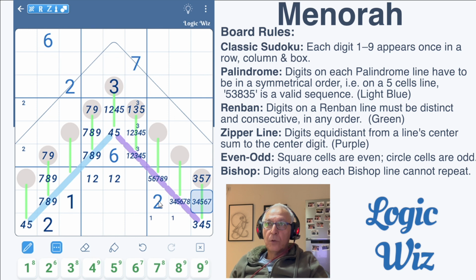Now we cannot go lower than 2, so each sequence here must have a 5. It's 3, 4, 5, 4, 5, 6, or 5, 6, 7. So 5 must be here. And we can eliminate 5 from here. And we can eliminate it from here as well.